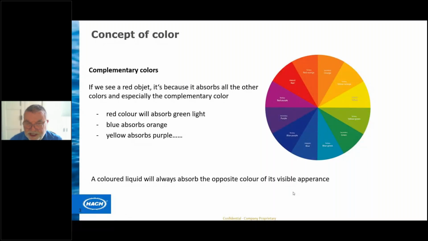When we see an object of a certain color, it's because this object, when it's illuminated, absorbs its complementary color, as represented on this colorimetric circle. If you see, for example, a red object, it means that it absorbs its complementary color, which is the green one. This is important to know because in colorimetry, we will measure the color that is absorbed, which in the case of a liquid sample is the transmitted color.